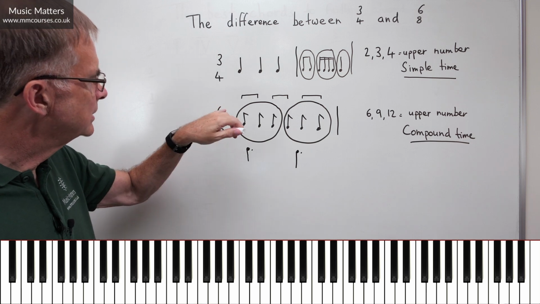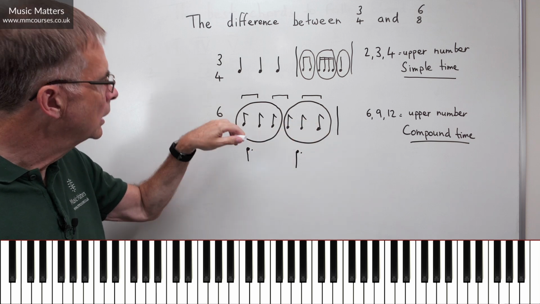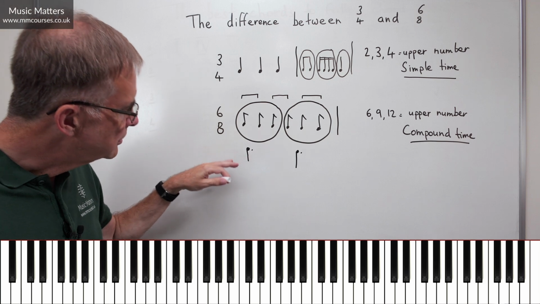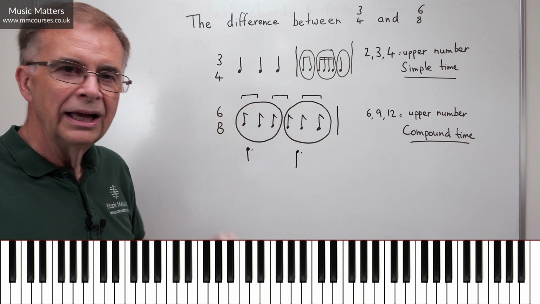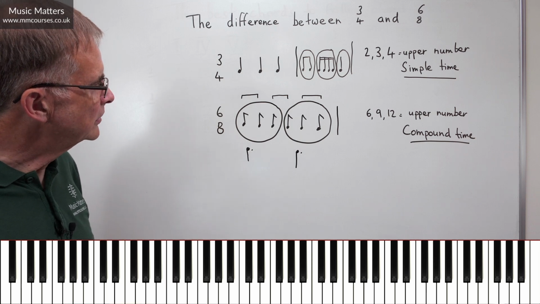But in 6/8, it's 1, 2, or 1, 2, 3, 4, 5, 6. So in order to feel the beats, you have to put a slight emphasis on number 1 and on number 4 in relation to those quavers or those 8th notes.